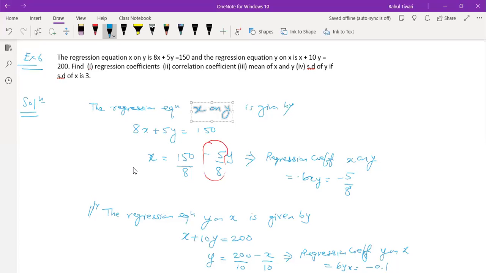Getting my point? See, in this problem they have mentioned x on y and y on x, so you can identify the equation. But just imagine if it is not mentioned, then what do you do in that situation?